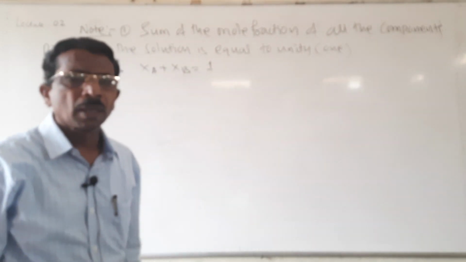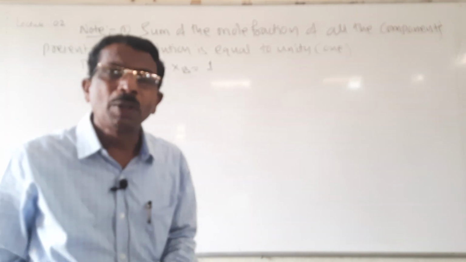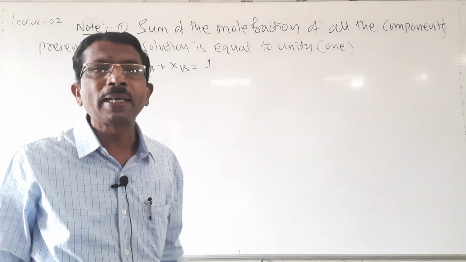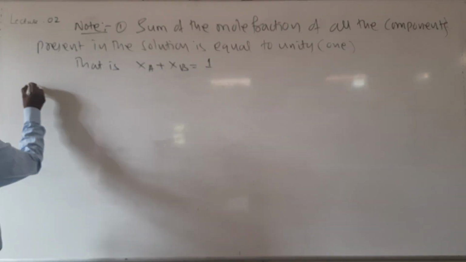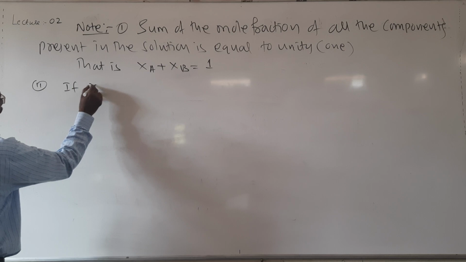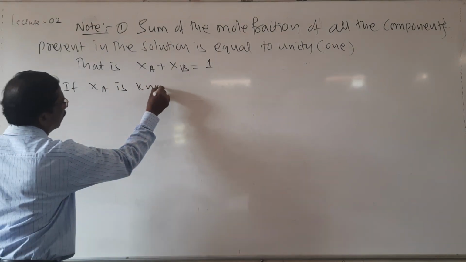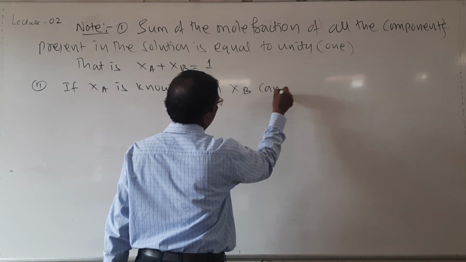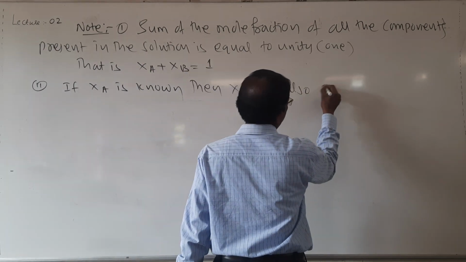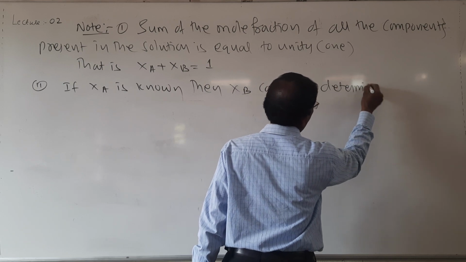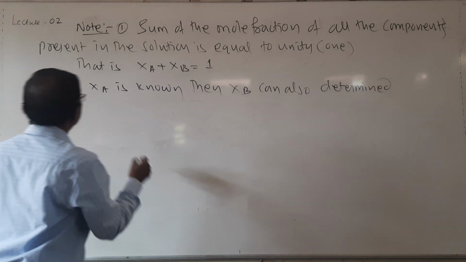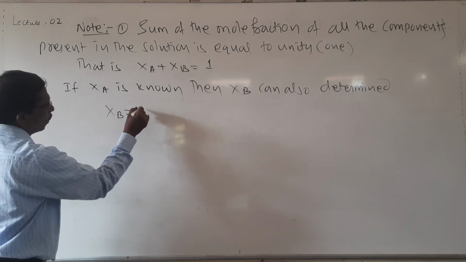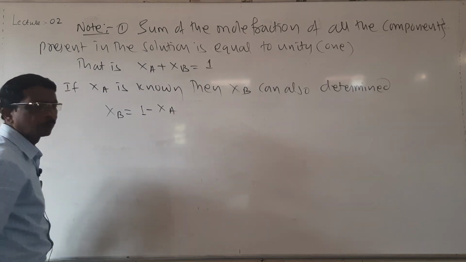Remember students, if you know the mole fraction Xa, then Xb can also be easily determined. If Xa is known, then Xb can also be determined: Xb is equal to 1 minus Xa.